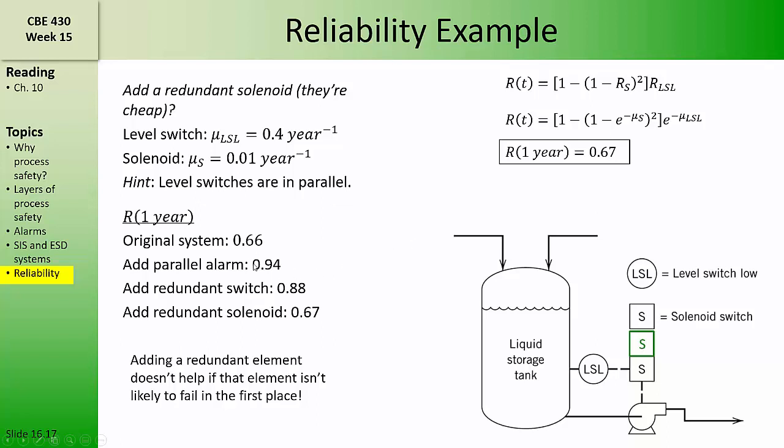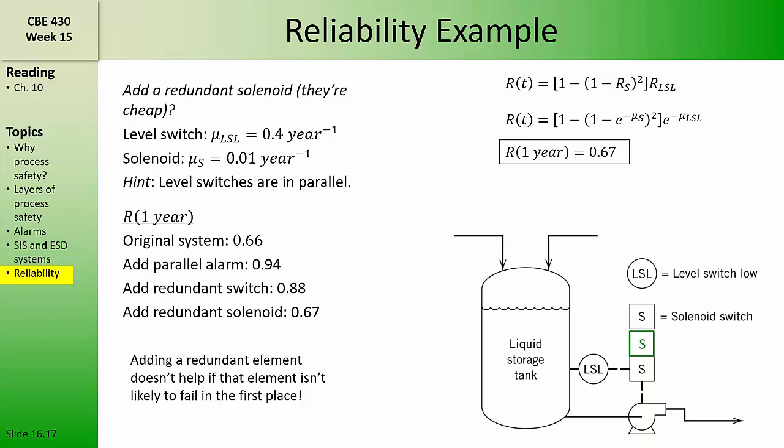Remember, the reliability of our original system was only 0.66. Adding an alarm in parallel with the entire interlock increases it to 0.94. That's a substantial improvement. Adding only a redundant switch also results in a pretty substantial improvement. Remember that the switch is the component that is more likely to fail.